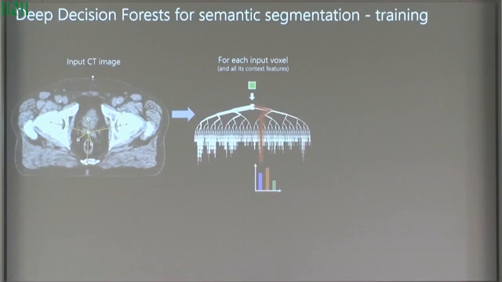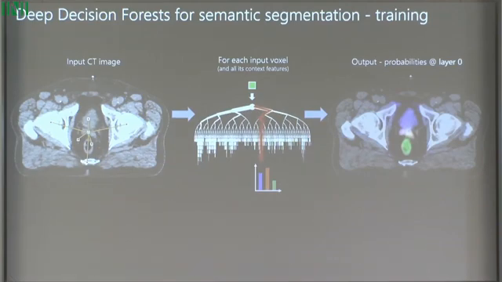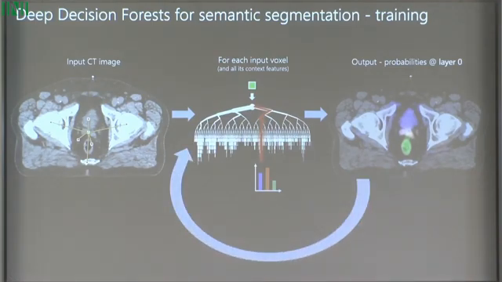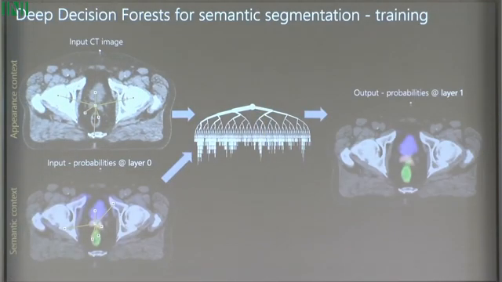So as I mentioned, each voxel induces a probability map, which basically means that given an image, what the forest translates that into is an output which looks like a probability map for the whole image. Now this probability map is used in conjunction with the image to learn a new set of parameters.